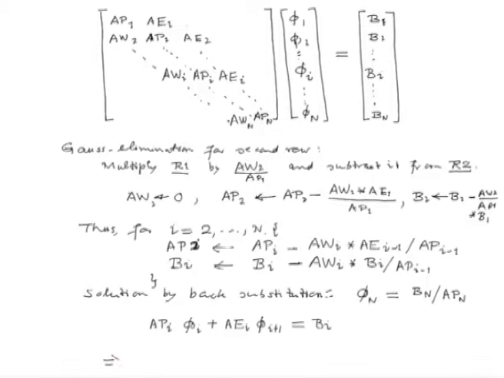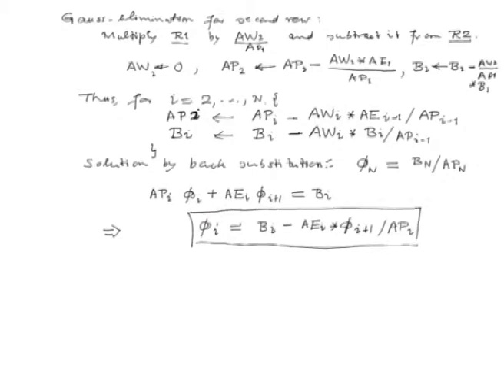So this leads to the equation for phi i, which is equal to Bi minus AEi into phi of i plus 1, divided by APi.